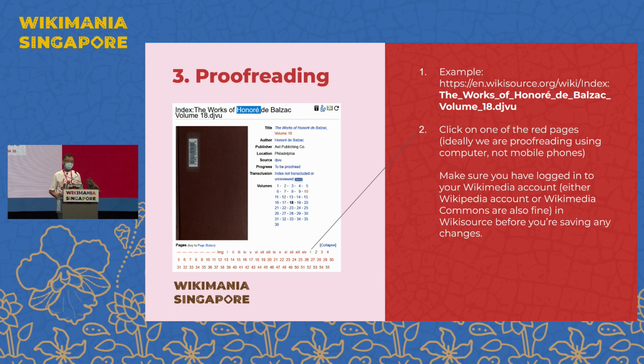As long as you can compare the original text and the result from the OCR, even though you don't know what the word means, you can still participate and contribute. But if you have another language as your mother tongue, you can change the interface of English Wikisource into the language of your mother tongue. So the interface will be in your mother tongue, but the PDF that we are proofreading today will be an English book.